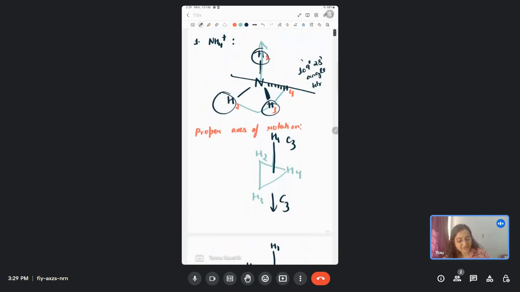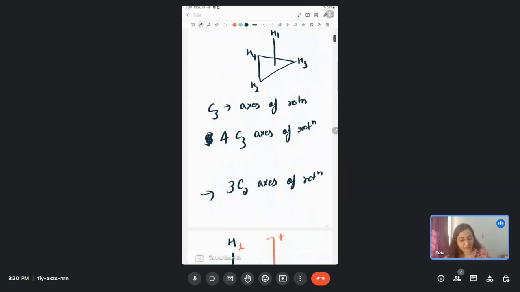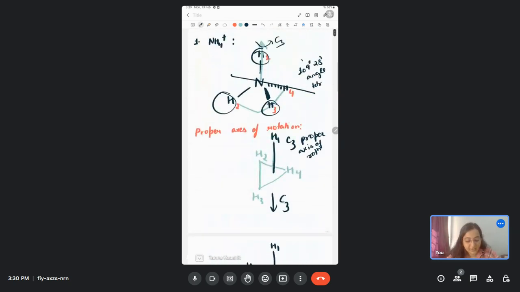So when we present them in a kind of triangle and move them 120 degrees with respect to each other, we get an equivalent configuration. So we have a C3 proper axis of rotation passing through this nitrogen and H1, the proton labeled as 1.